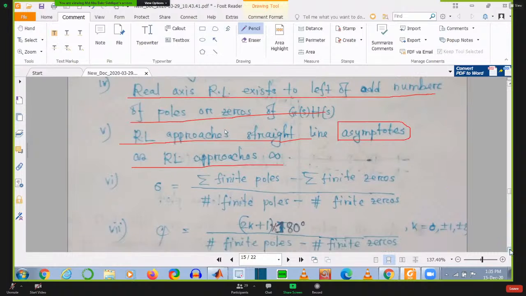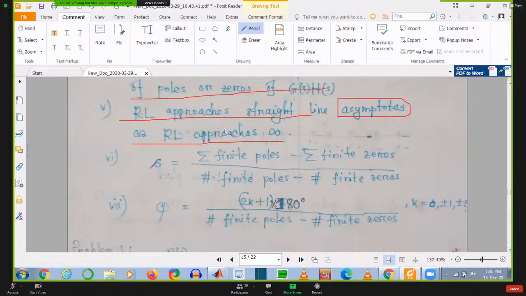Then step number 6 says sigma equals the summation of finite poles minus the summation of finite zeros, divided by the number of finite poles minus the number of finite zeros.